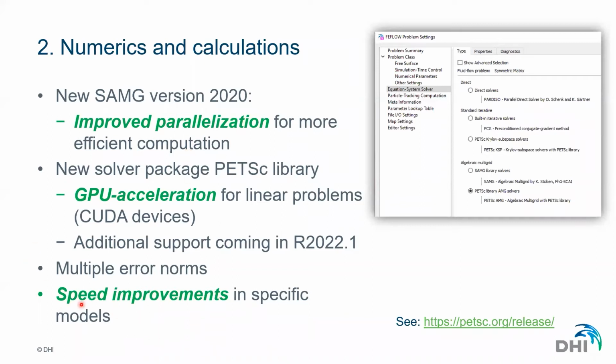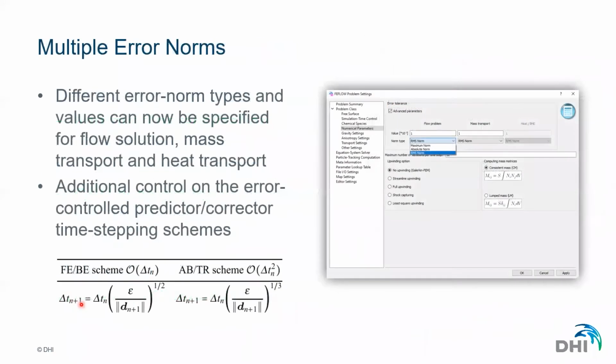Multiple error norms. We have also changed the way error norms and tolerances are handled in FEFLOW, and we have some speed improvements for specific models, which is really good to hear. As you know, FEFLOW works with an error tolerance and error norm type. Since the beginning of the software, from the late 70s, we have had one single error norm for all the problem classes: flow, mass, and heat.